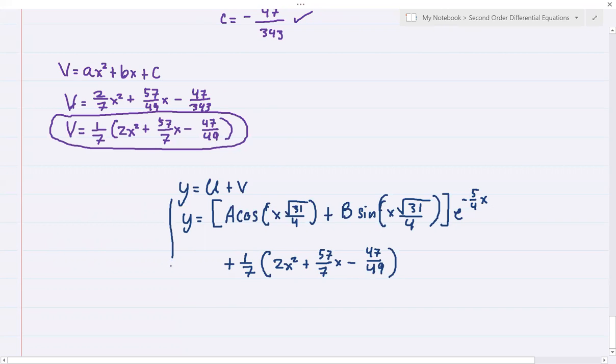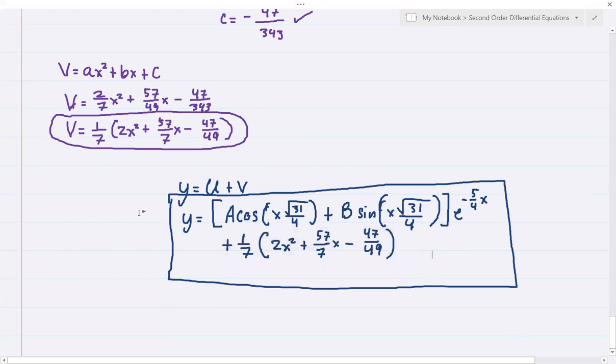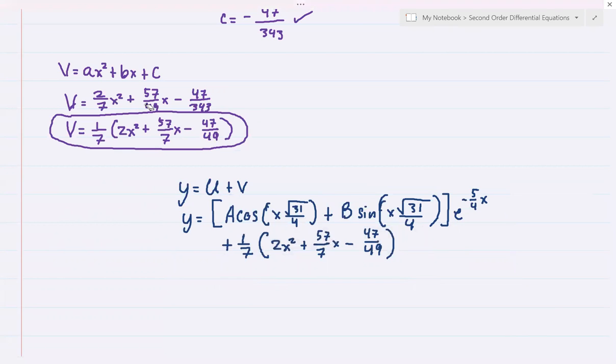That is your general solution. See, that's actually very long but challenging enough. Let me fix the proper spacing. There you go. That's basically how you get your general solution.